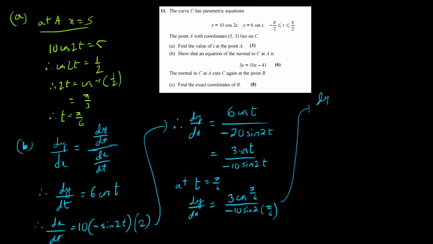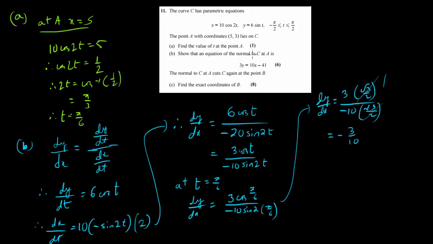And the gradient turns out to be cos pi by 6, meaning cos 30 degrees, and cos 30 degrees is root 3 by 2, and minus 10 sine pi by 3, meaning sine 60 degrees, and that is also root 3 by 2. And these two cancel off, and we have minus 3 by 10. This is the gradient of the curve at the point A. Remember, at the point A, t equals pi by 6. We have to think in terms of the parameter t.